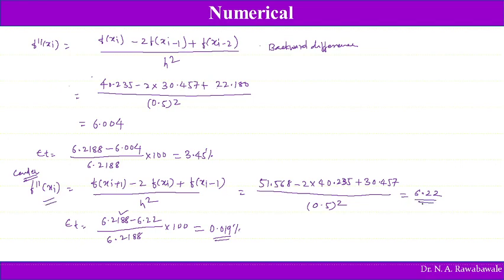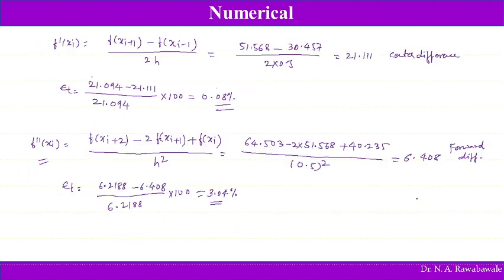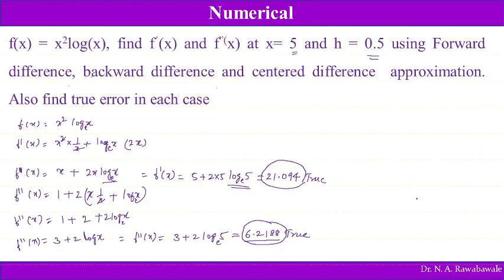It is not necessary for us to know this differentiation; this is very important. We have done this to know the error, and to know the error we must have the true value. To find the true value, we differentiated and obtained these two values.